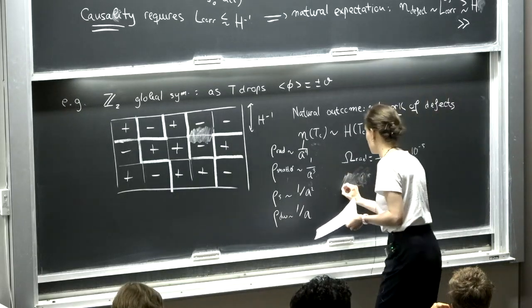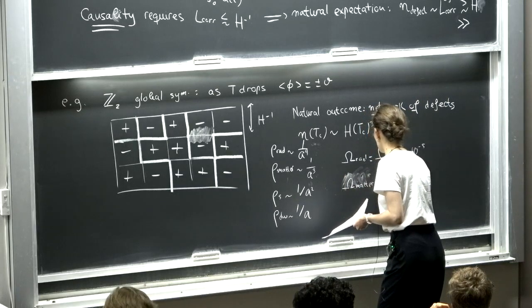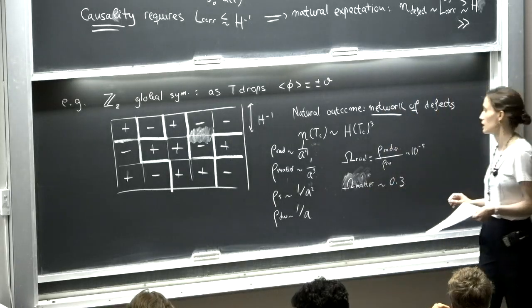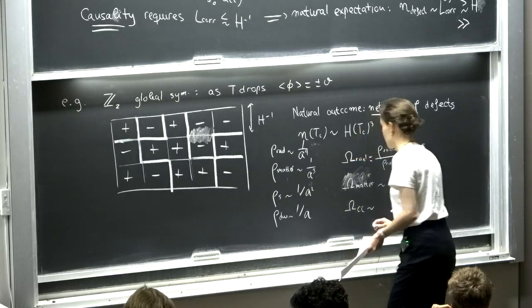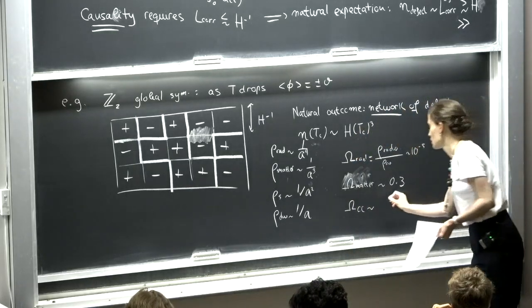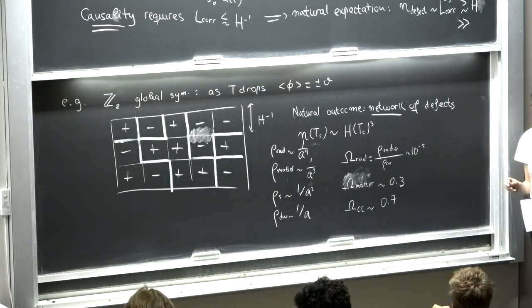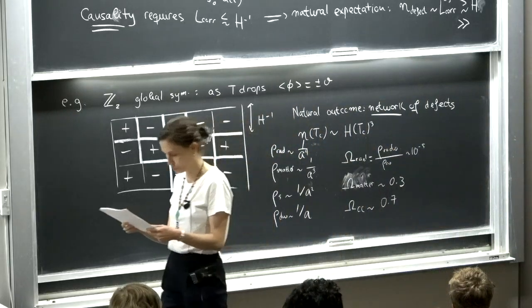For matter, we know it's on the order of 0.3, putting together dark matter and baryonic matter. And then, of course, our universe today is actually dominated by the cosmological constant, which is of order 0.7. So there is very little room in our universe for anything that has exotic equations of state. We kind of know what's in it.